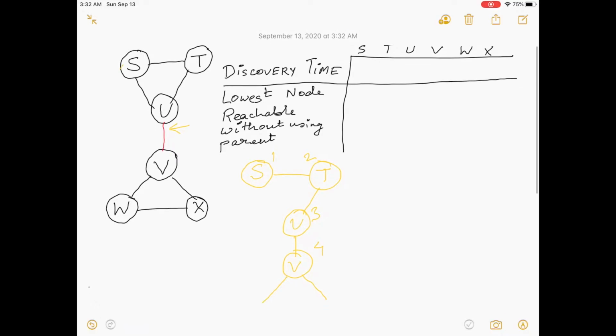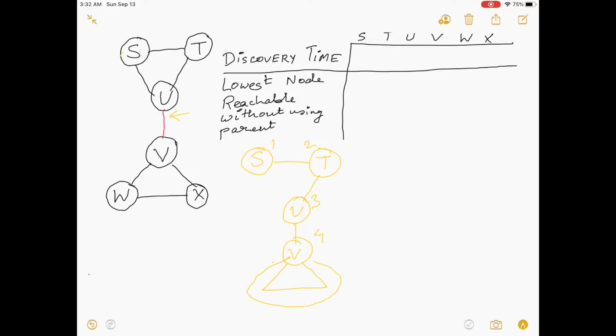So let's suppose V has some subgraph, but those have already been processed, and we have backtracked to V, and we have also processed V. We have processed the whole subgraph rooted at V, which means we have processed all the adjacent vertices of V and all the descendants of V, and we have even backtracked to U.